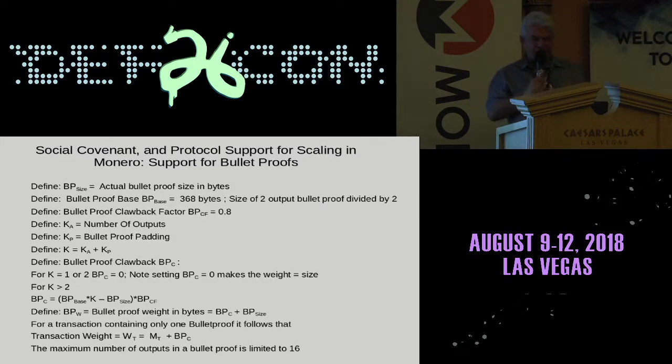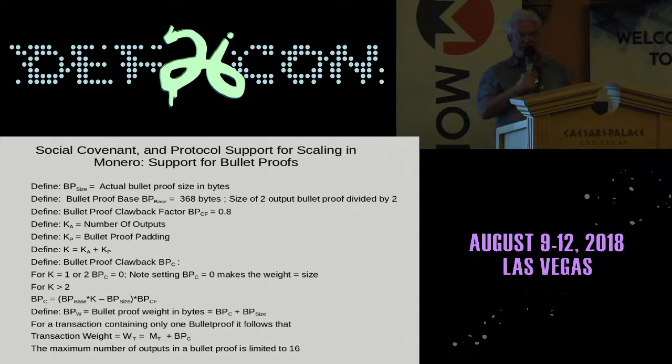Basically what we do is you look at the bulletproof, and if it's got 1 or 2 outputs, you leave it as is. And if you've got more than 2 outputs, you say, okay, if I had a bulletproof with 2 outputs, and then multiply that by the number of outputs, I get a size. I take the difference between that size and the size that you actually get, and I claw it back.